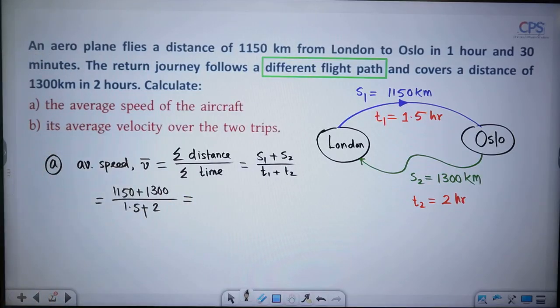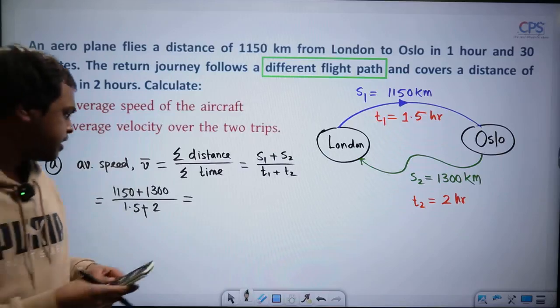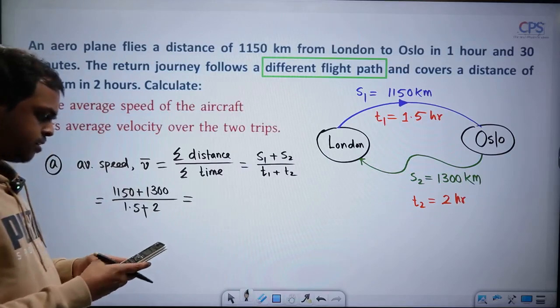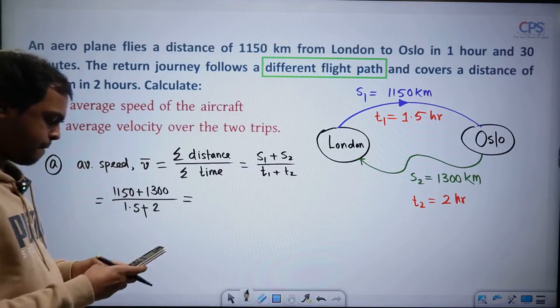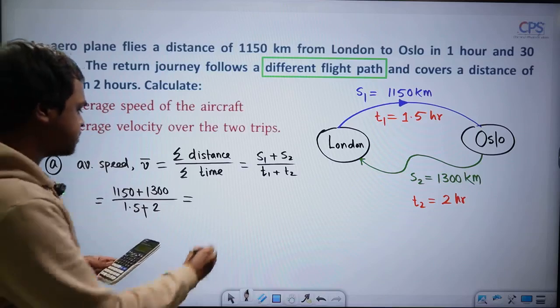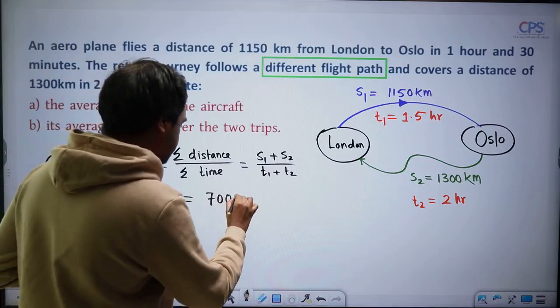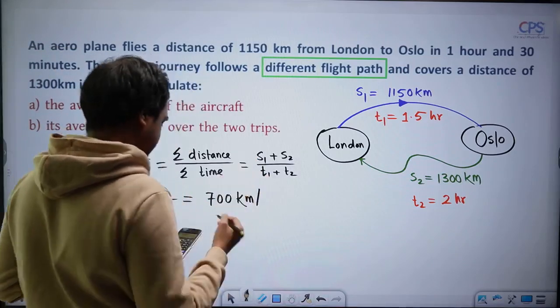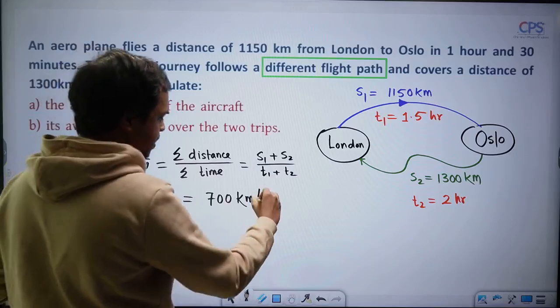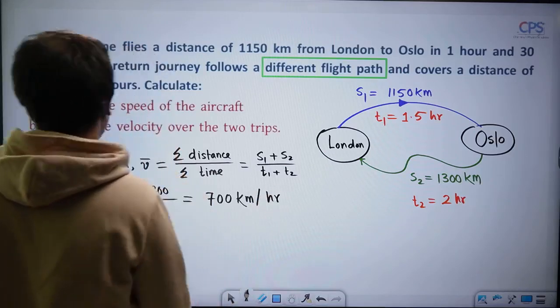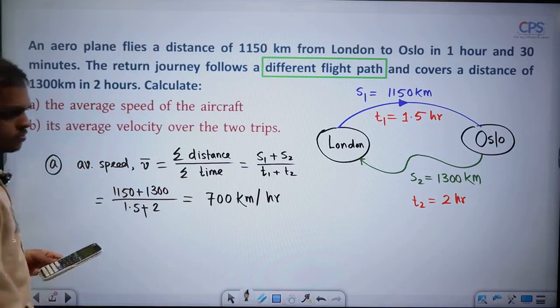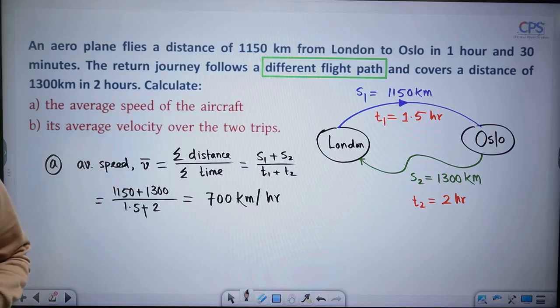We can calculate it with a calculator, and it's 700. A nice value, lucky 700 kilometers per hour. So that's the average speed. I hope you understood it. And then what's the average velocity?